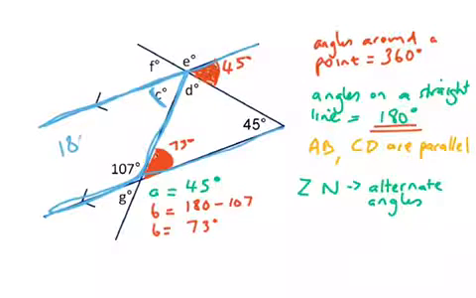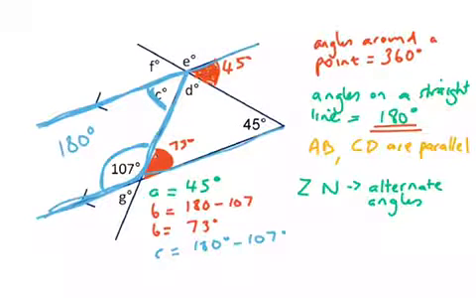Anything in this U shape, the angles in there add up to 180. We've already got this angle, that's 107. So C equals 180 degrees minus 107 degrees, and so C is going to be equal to 73 degrees.